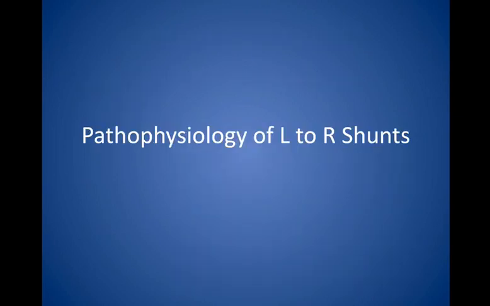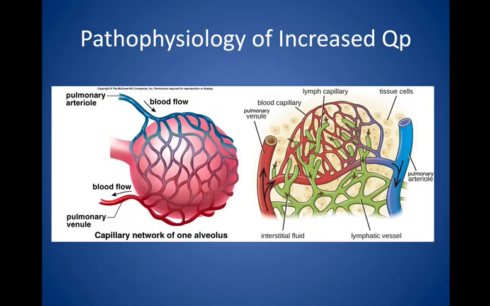So how about the pathophysiology of left to right shunts? The increased pulmonary blood flow ultimately leads to clinical features of pulmonary edema, as well as abnormal lung mechanics. We're talking about lower tidal volumes, as well as lung compliance that is reduced, with elevated expiratory airway resistances.